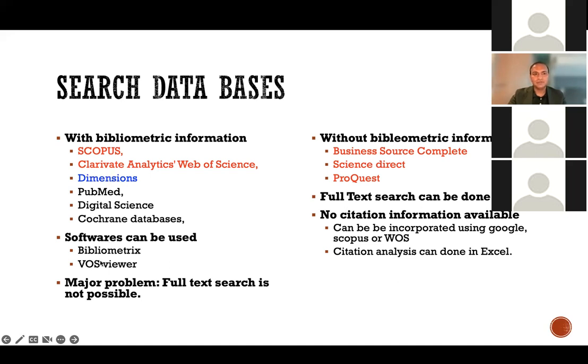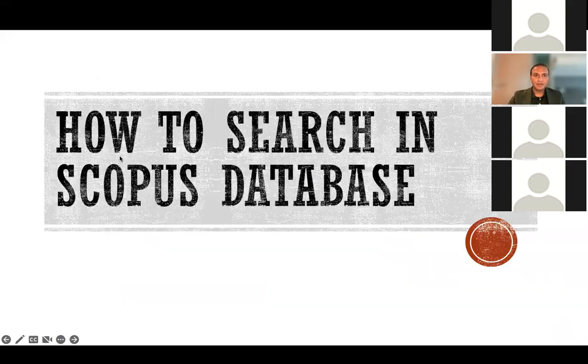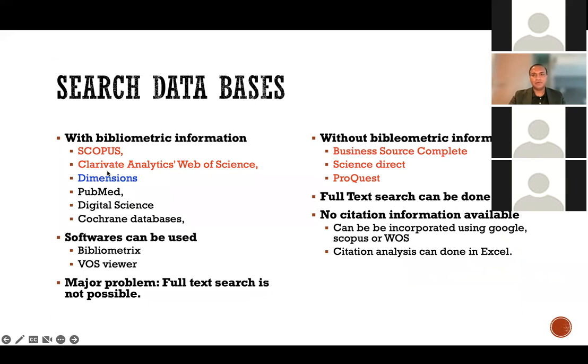It can be used in the Bibliometrix software, which is free of cost. I don't know if your institution has a subscription to Scopus or Web of Science, but today I'm going to show you how it works in Scopus. But later on, if you would like to do citation analysis for your topic, you can go and use Dimensions, which is free of cost.